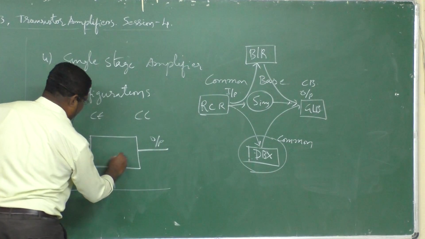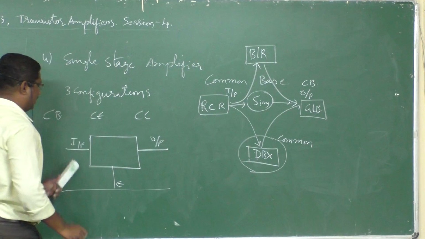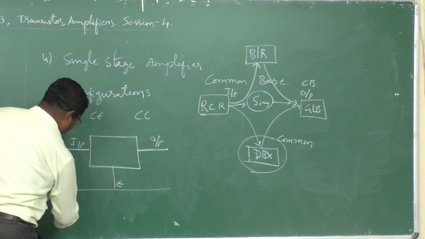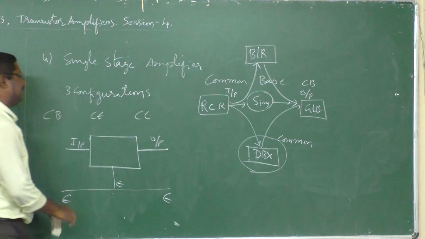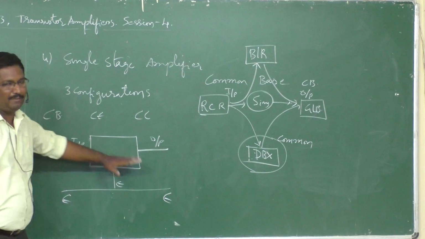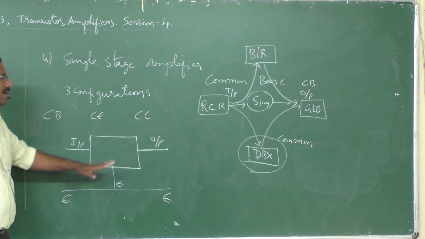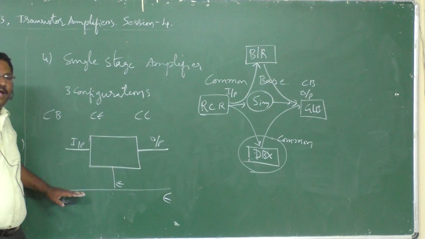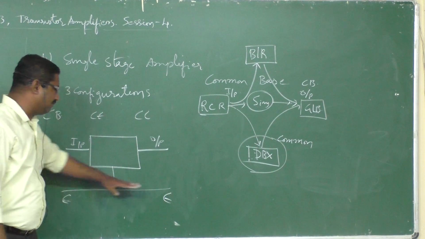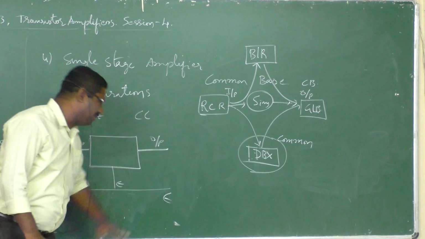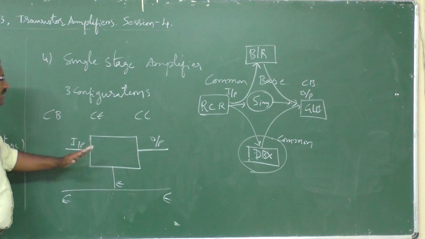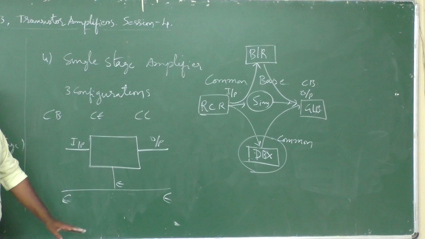If the emitter is common with respect to input and common with respect to output, that's why it is common emitter. Similarly, if it is the base, then it is known as common base. And if the collector is common to the input and common to the output, then that is known as common collector transistor amplifier configuration.